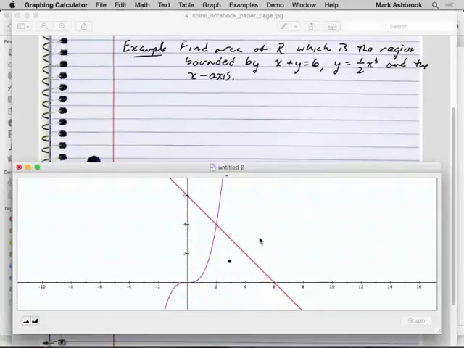Okay, so this is our region. We're going to start with a typical strip.